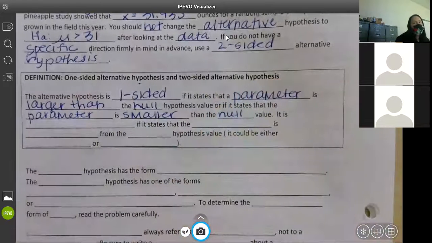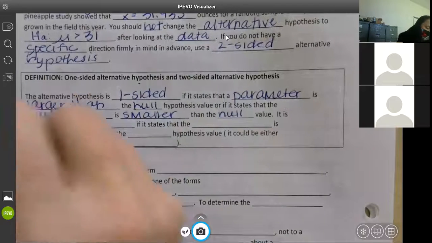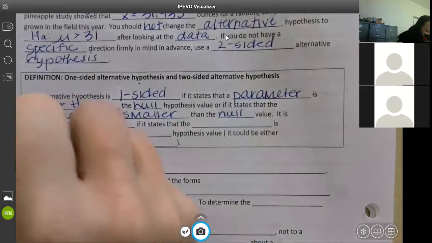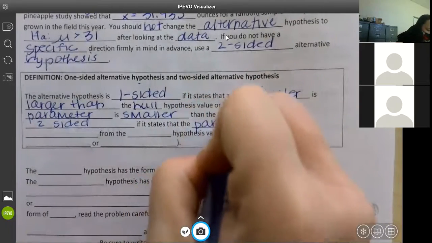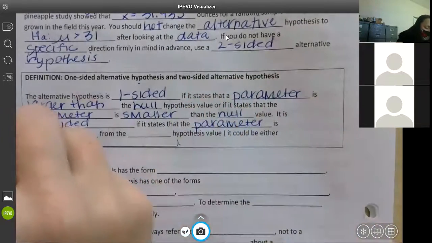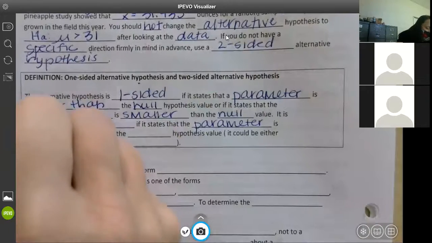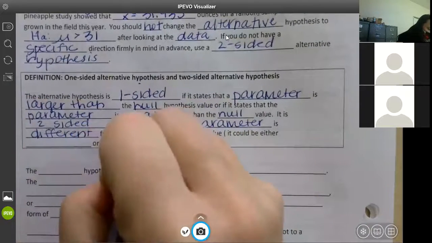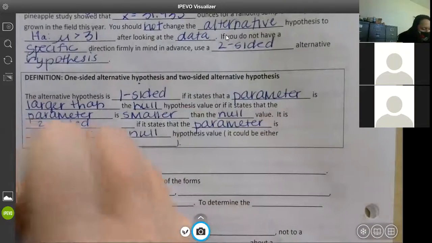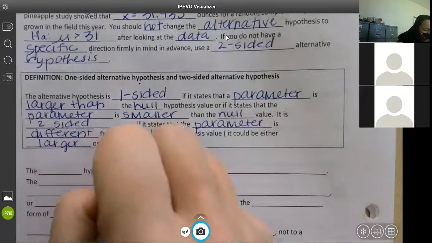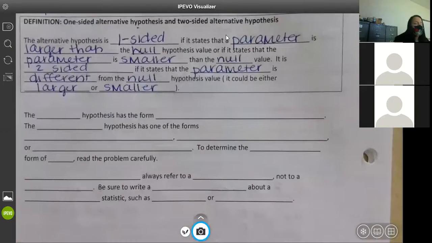So that's one-sided. It's either less than or it's greater than. It is two-sided if it states that the parameter is different from the null. So then it could be either larger or smaller. But again, it will state it specifically. And when we get to the check your understanding in just a second, you'll see it.